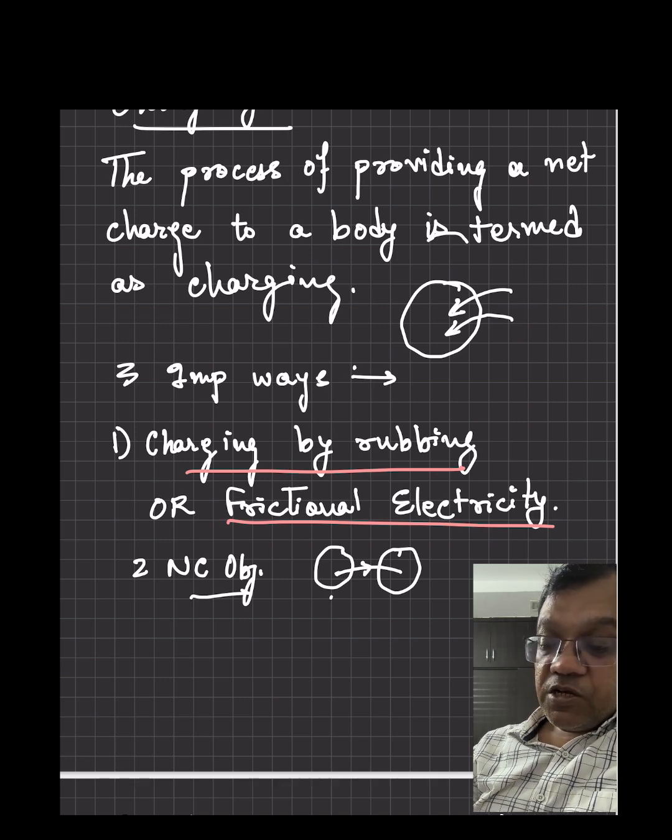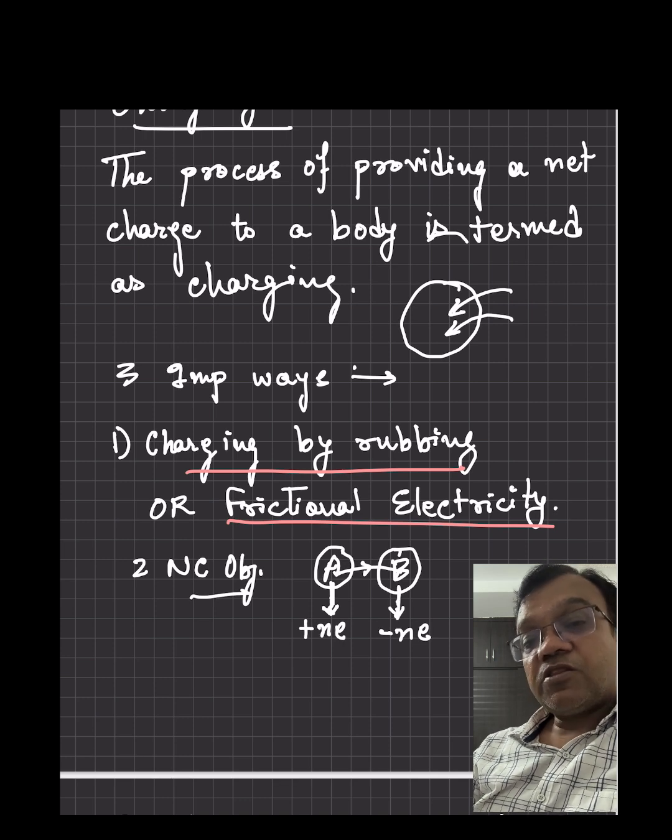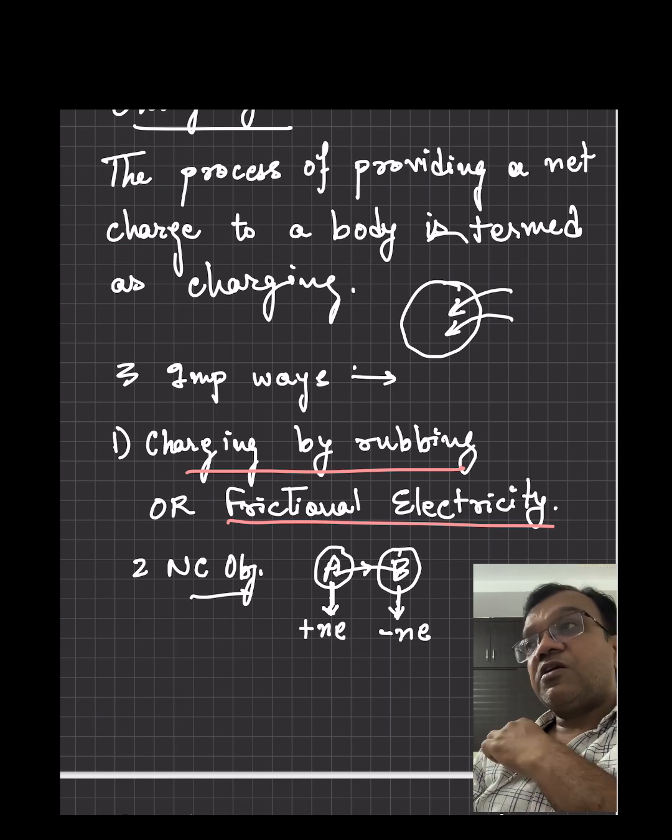As a result, the object which is losing electrons will acquire some positive charge, and the object which is gaining electrons will acquire negative charge because it has an excess of electrons. Object A has a deficiency of electrons, so A will acquire positive charge and B will acquire negative charge.